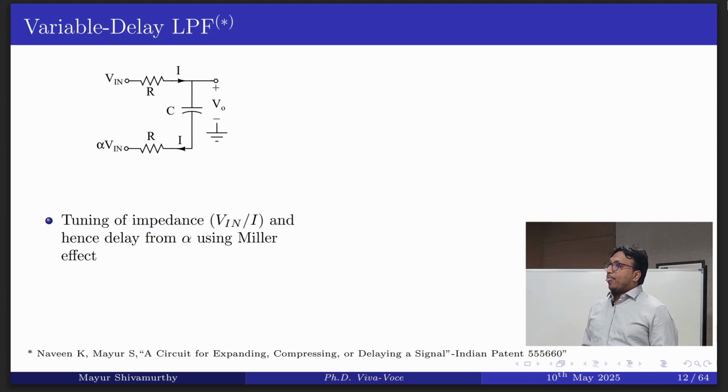So the impedance observed from Vin will be different depending on the values of alpha. By changing the value of alpha, the equivalent impedance observed from Vin varies, and hence the delay of the filter varies.